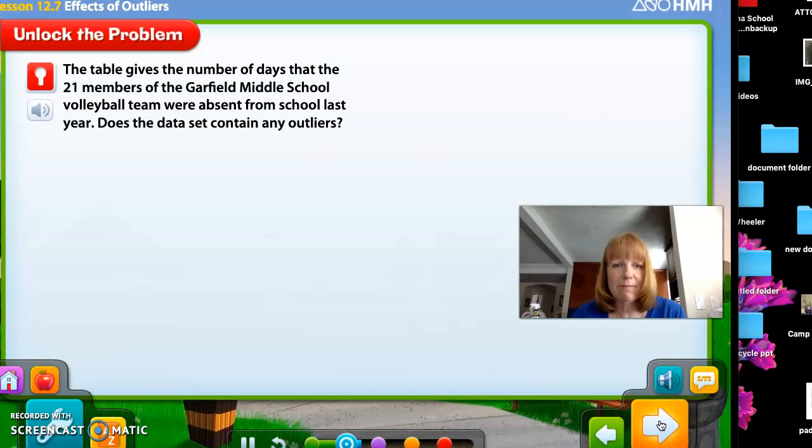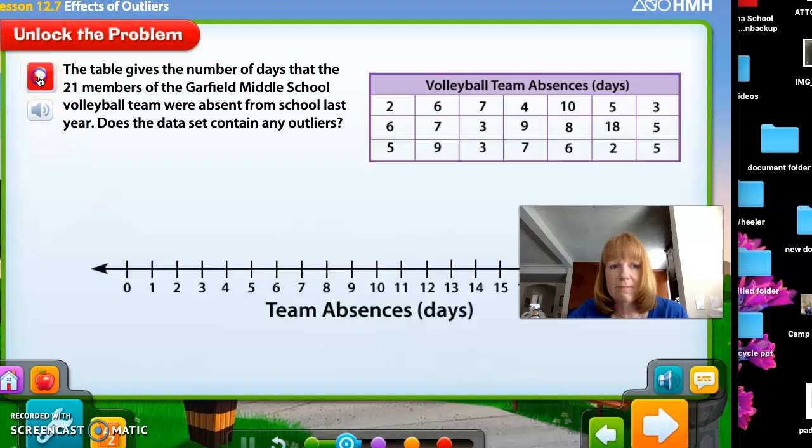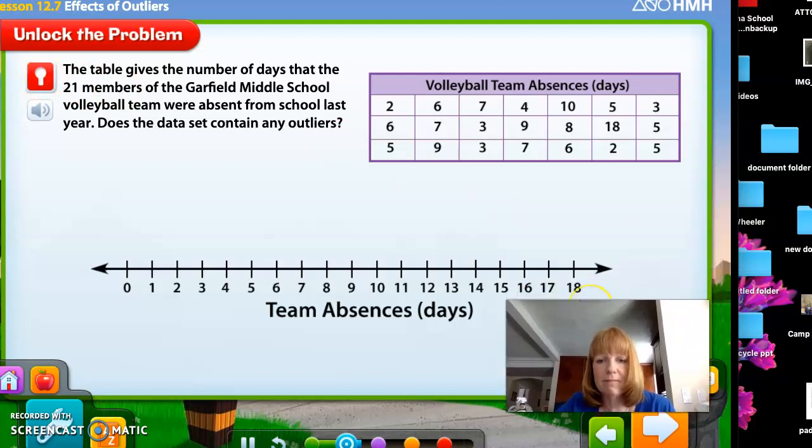Let's look at a set of data to determine if there are any outliers. Let's unlock the problem. An outlier is a value that is much less or much greater than the other values in a data set. Let's make a dot plot to help us find any outliers in this data set. Plot the first row of data found in the table. 7 of the data values are plotted on the number line.